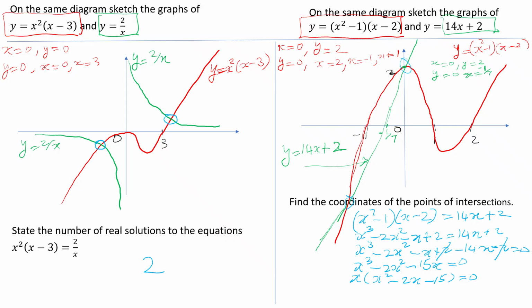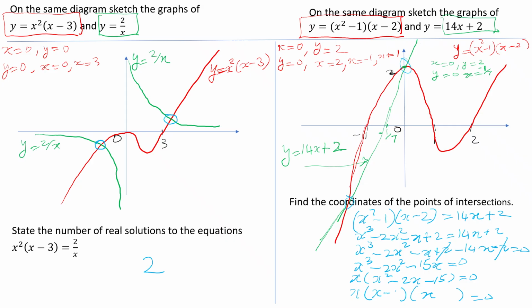Now again we can factorize. If you multiply to get negative 15 and add to get negative 2: 3 times 5 is 15, and 5 take away 3 is 2.